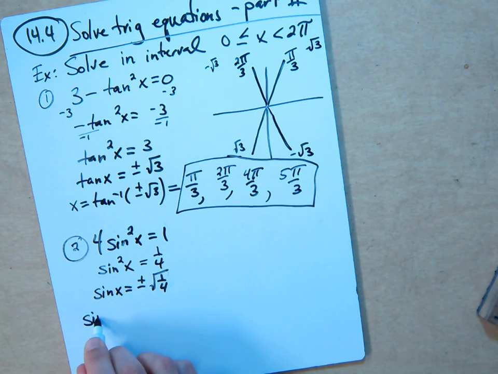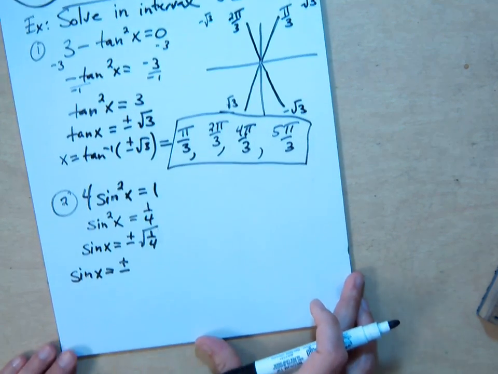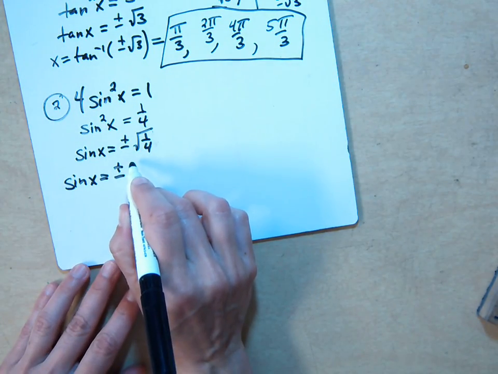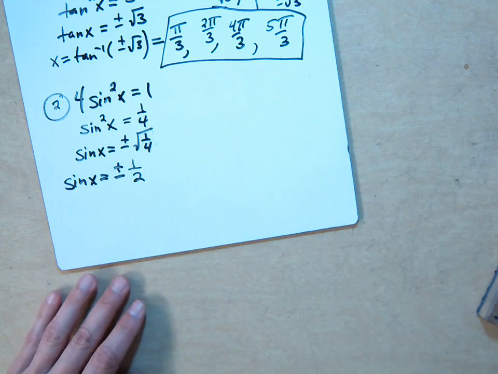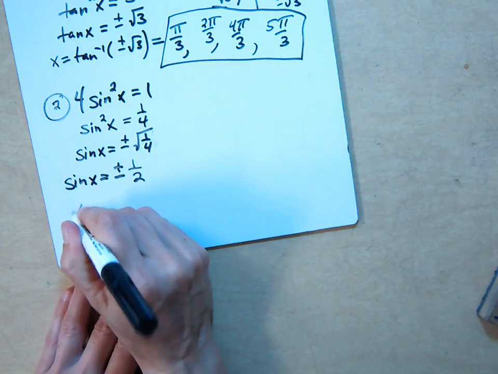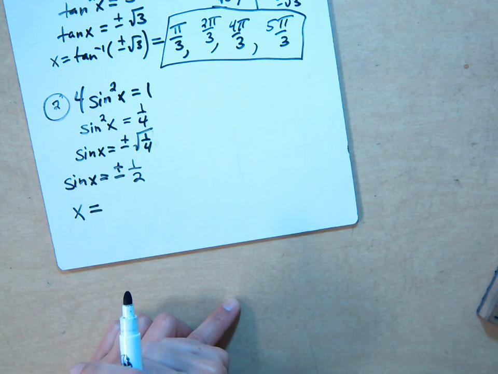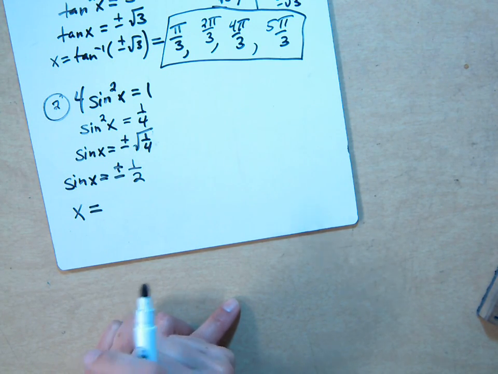And what is the square root of 1/4? It's the square root of 1 over the square root of 4, which is 1/2. So we're going to go all the way around the unit circle, and we're going to say all the places where the y coordinate is either positive 1/2 or negative 1/2, and we'll be done.